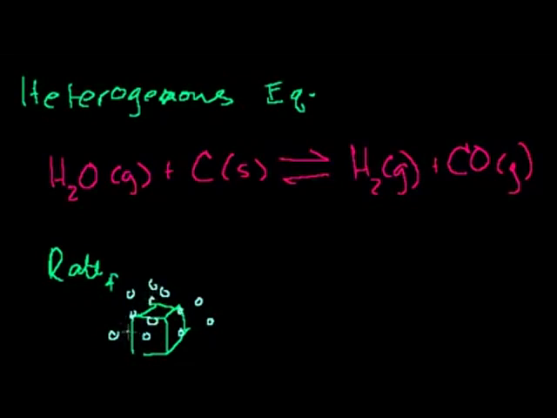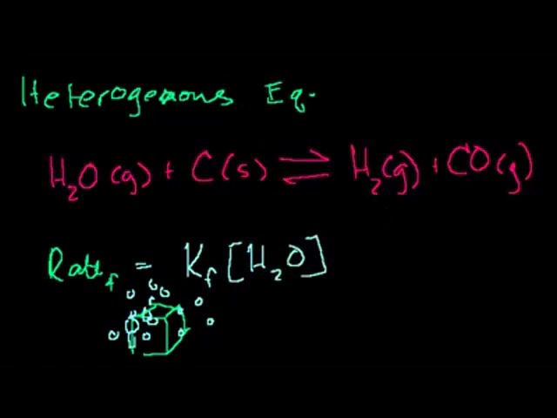So if you pick any volume, especially near the boundary of the carbon, you're always going to have carbon around. What matters is the concentration of the water gas. That's what's going to drive the forward rate. So the forward rate is going to be dependent on some constant times the concentration of the water gas.